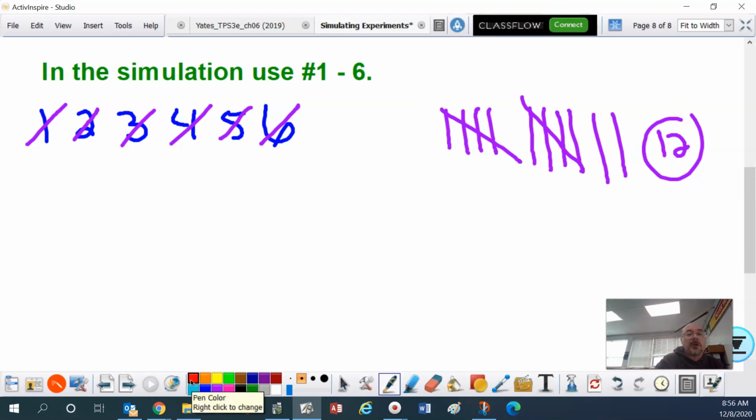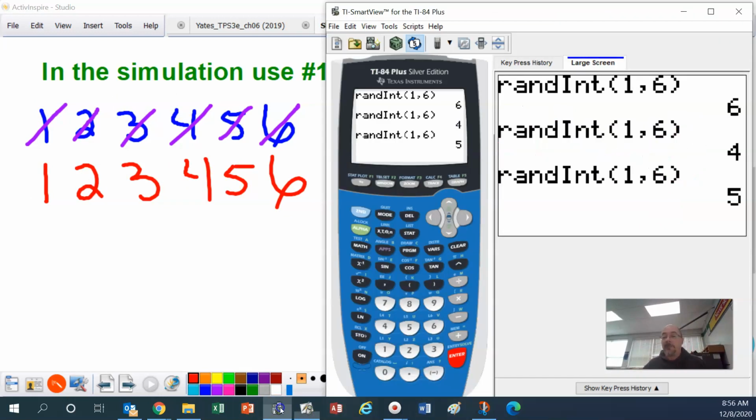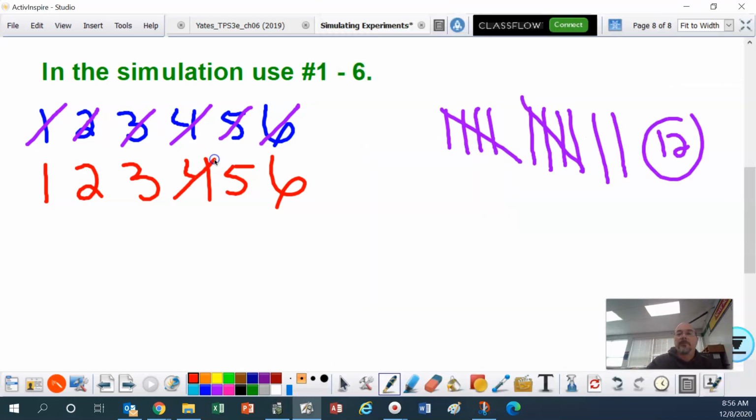So what I'm going to do is I'm going to go 1, 2, 3, 4, 5, 6. Okay, now I'm going to just keep going with my calculator. Don't reset anything or your answers won't match mine. Okay, so I'm just going to go ahead and hit enter. Prize number 4. Tally mark.